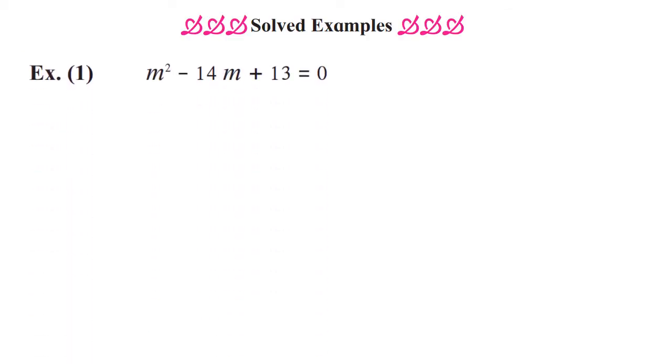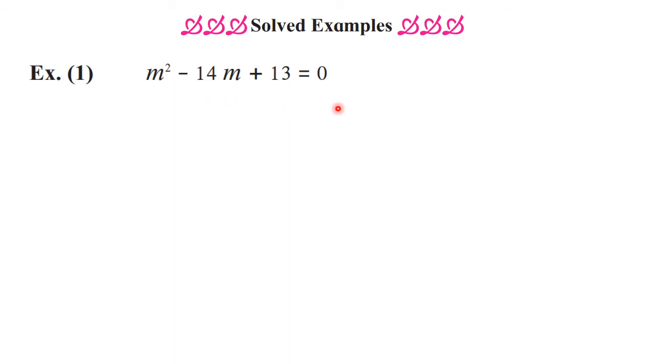So the very first solved example here is m square minus 14m plus 13 is equal to 0. Observe whether the given equation is in standard form or not. Yes, it is in standard form, that is ax square plus bx plus c is equal to 0.